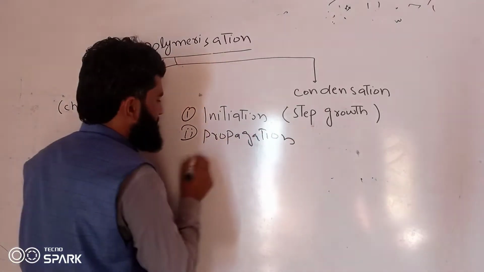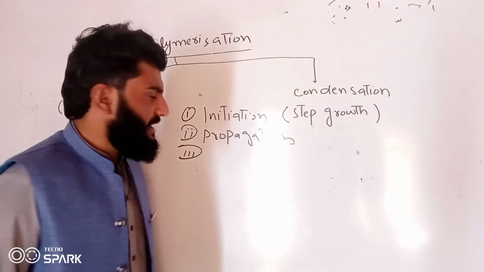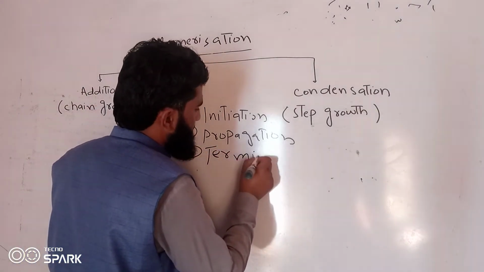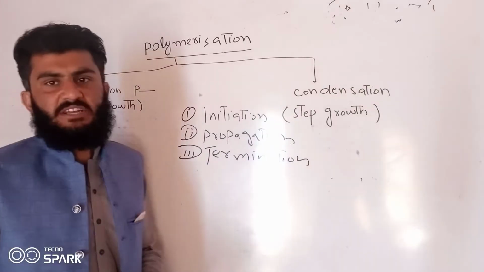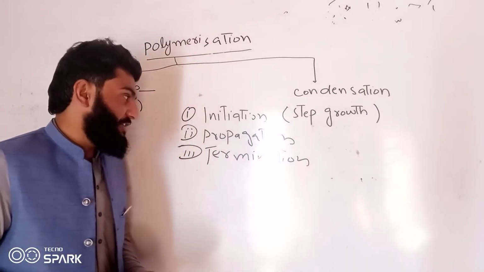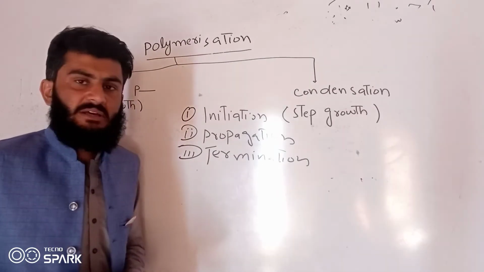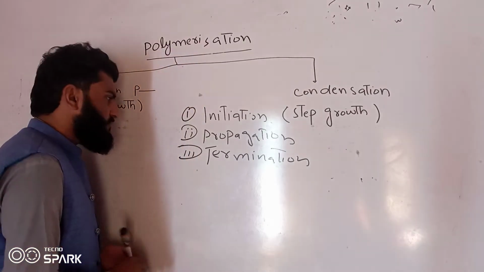Number three, termination step. So addition polymerization completes in three main steps: initiation, propagation, and termination.